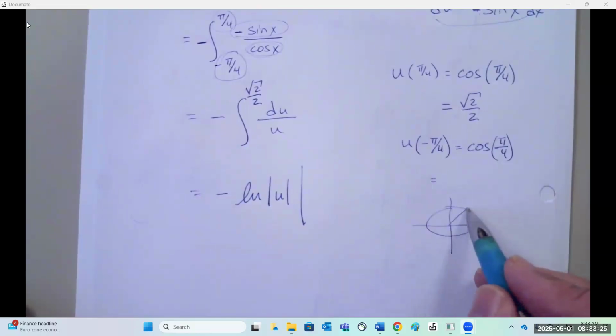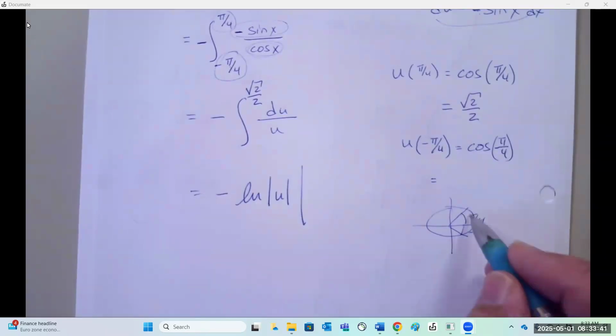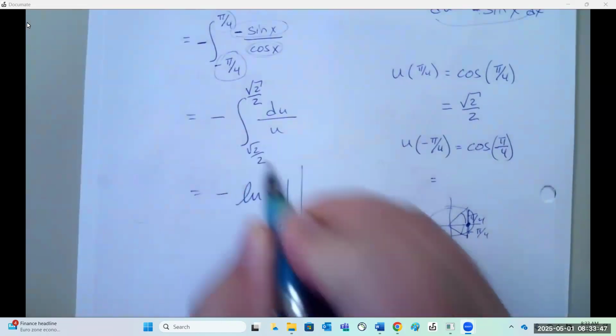Cosine. This is pi over 4. This is negative pi over 4. Which axis does cosine deal with? The x-axis. It's the same value, square root of 2 over 2.